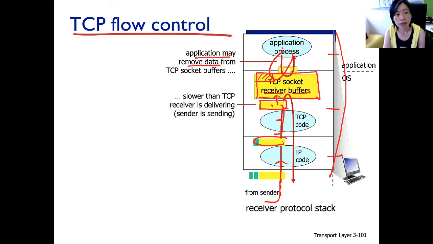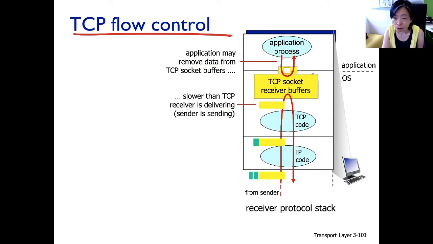And TCP flow control is needed when the application is drawing data slower than the TCP receiver is delivering data up. Because when that is the case, the buffer space will be what? Occupied.